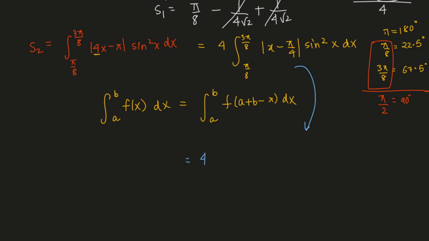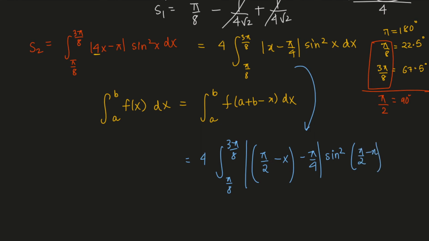So this is equal to 4 times the integral from pi over 8 to 3 pi over 8 of the modulus of pi over 4 minus x times sine squared of pi by 2 minus x. I've just put in pi over 2 minus x instead of x everywhere, and this gives us, again, let me just write the integral completely.